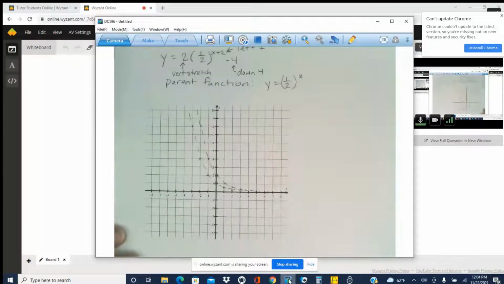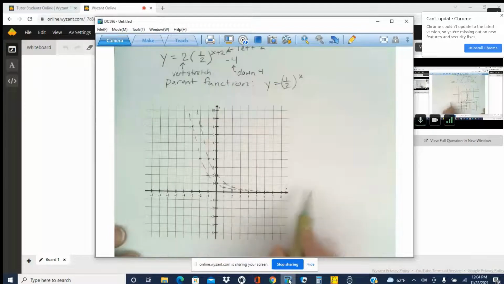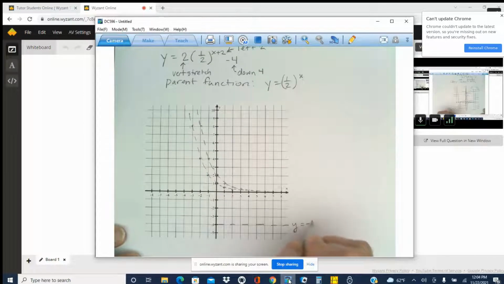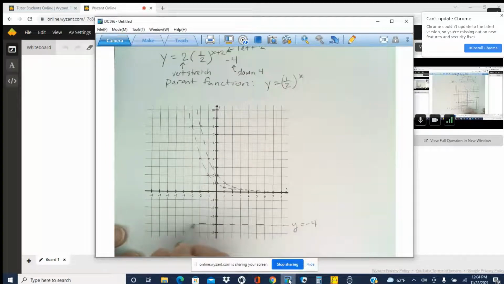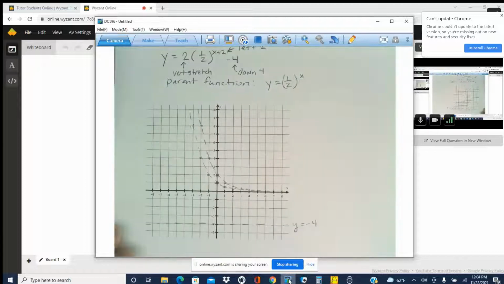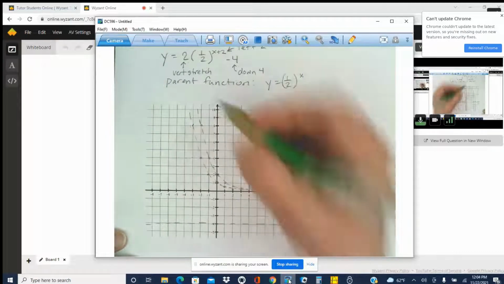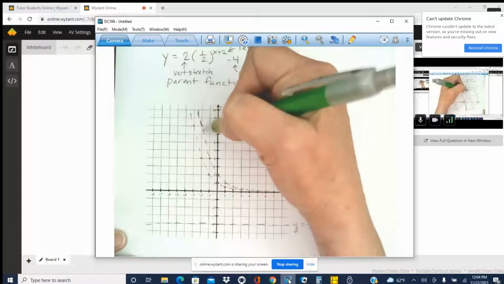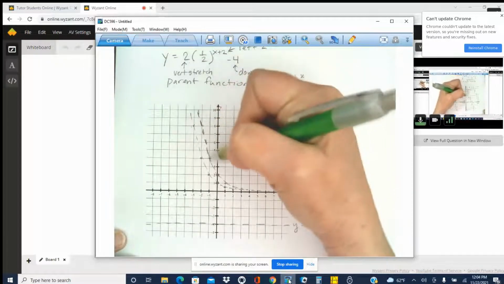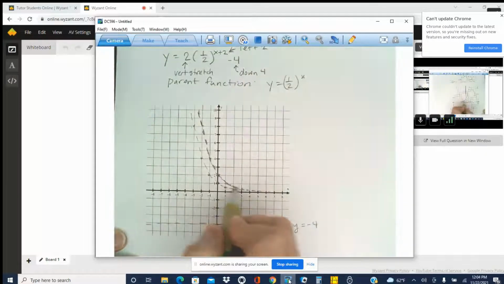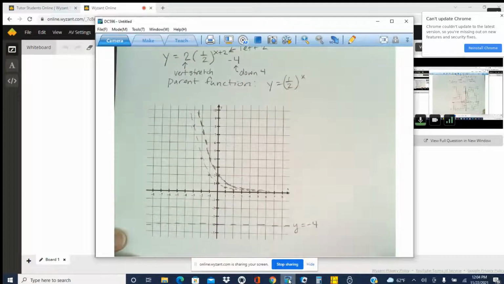So the first thing to do, we have this horizontal asymptote. I'm going to move that down 4. We have a new one right here at y equals -4. Now, every key point on our second graph, I'm going to make that a little darker because this is the one we're actually moving. We've already done our stretch. Every point's going to move left 2 and down 4.